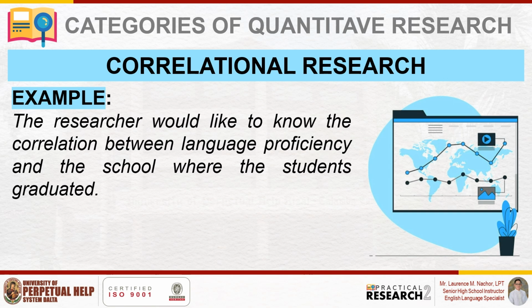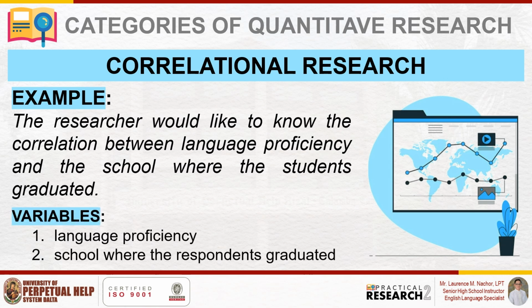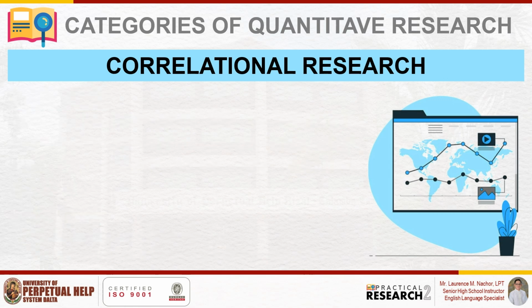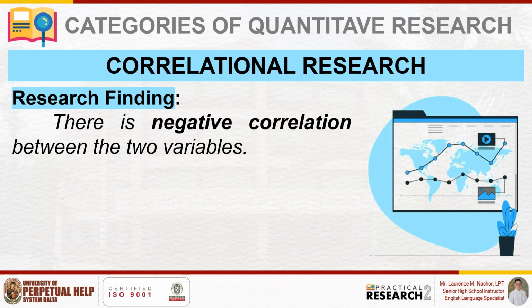So here we look at the correlation between language proficiency and the school from which students graduated. So obviously our variables here are the language proficiency and the school where the respondents graduated. Now here, based on the sample study, this is the research finding.